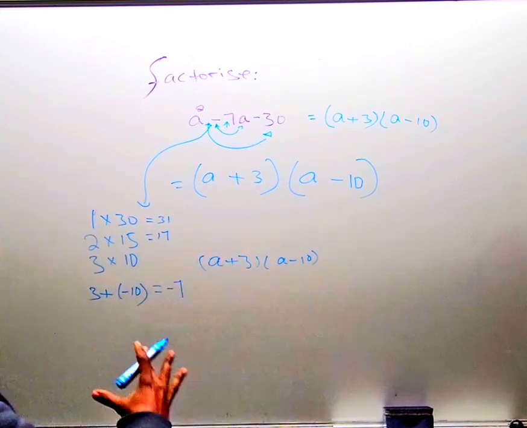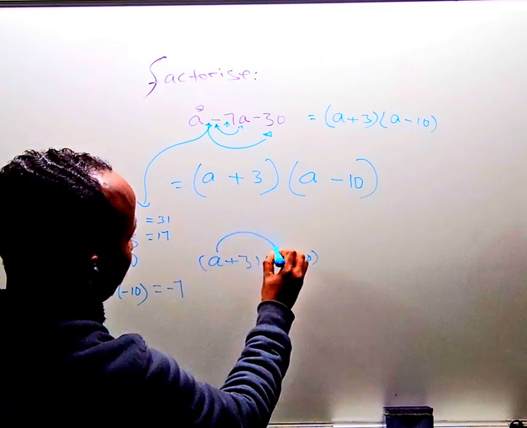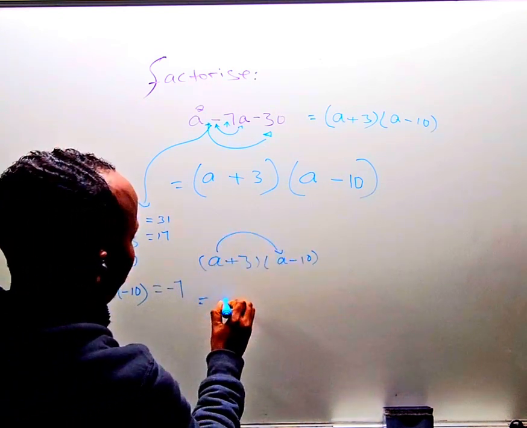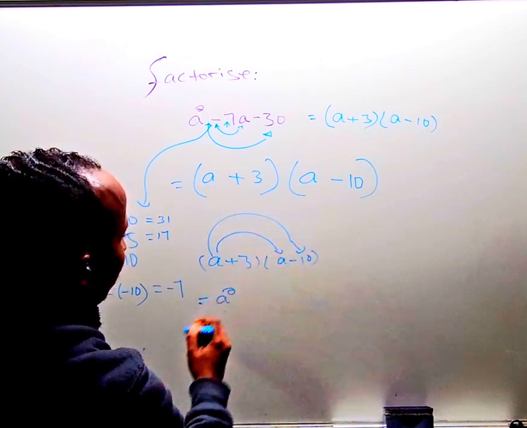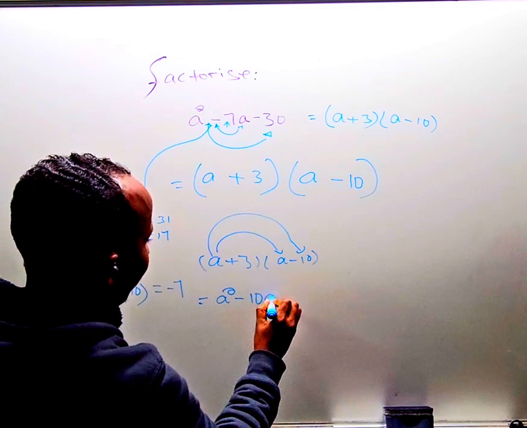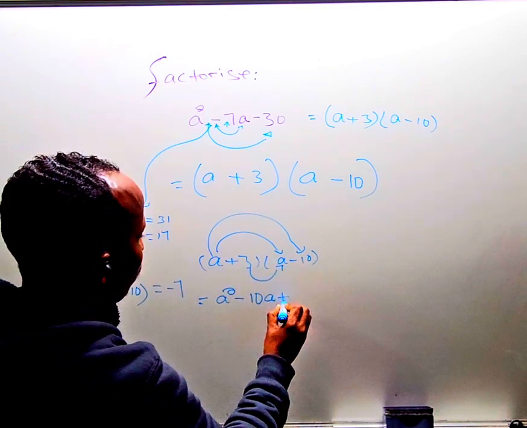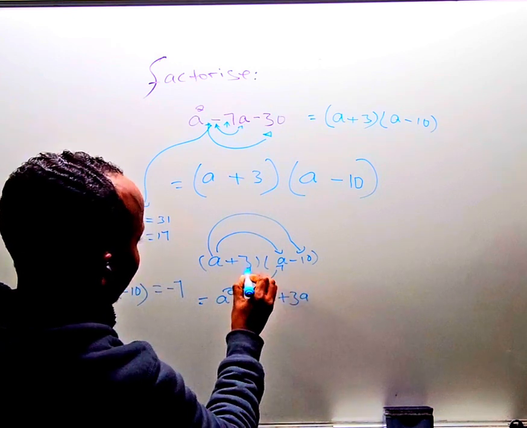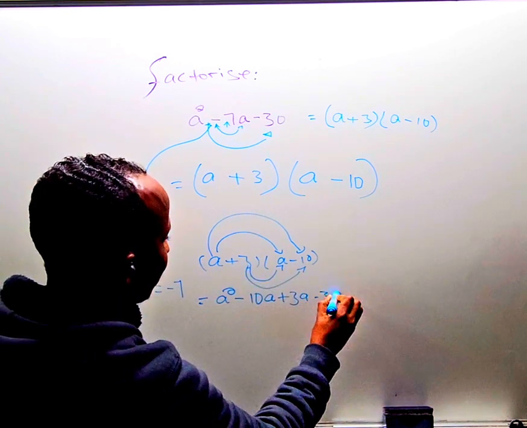So this is binomial times binomial. a times a will give me a square. a times minus 10 will give me negative 10a. 3 times a will give me plus 3a. 3 times negative 10 will give me negative 30.